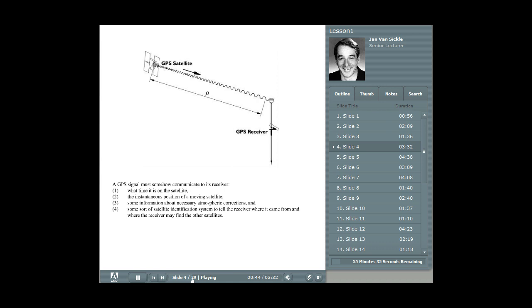Secondly, the position of the moving satellite is critical, and that's because, just as on a terrestrial survey, the coordinate, if you will, of the satellite at that moment is important so that it can be used to derive the position of the receiver.